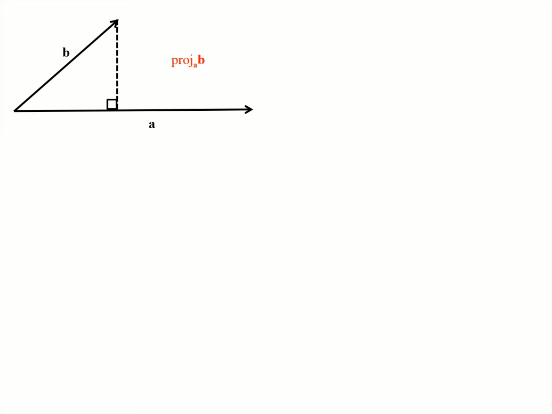The projection of B onto A is that red vector going from the tail of A to where the perpendicular comes down. And somehow I want to write an expression for that red vector.